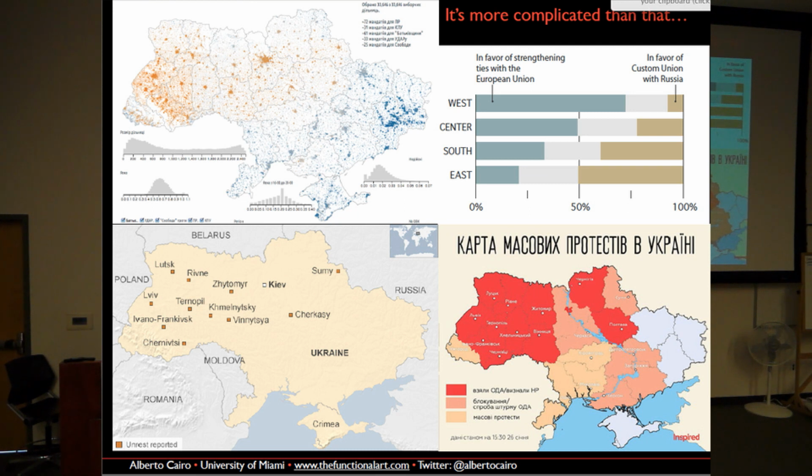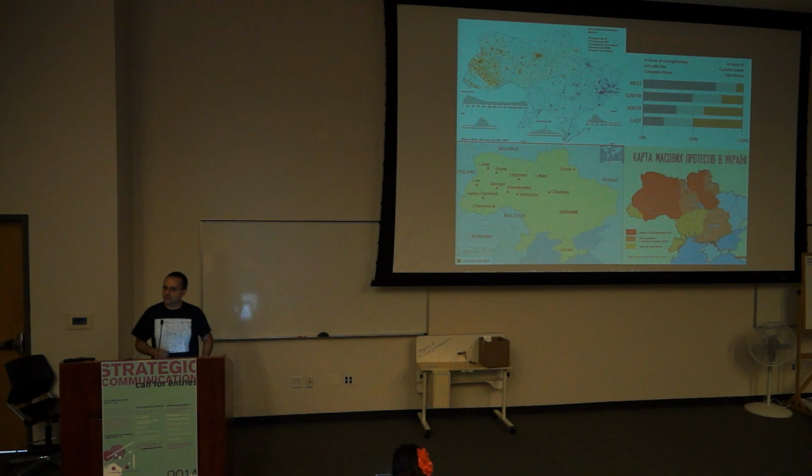And as you can see, the western part of the country is majoritarily in favor of joining the European Union, and only a few people are in favor of joining Russia. But then if you go to the south and the east, the most pro-Russian regions in the country, the picture is not that clear. If you go to the most Russian part of the country, the eastern part of the country, you will see that only 50% of people are in favor of joining Russia.